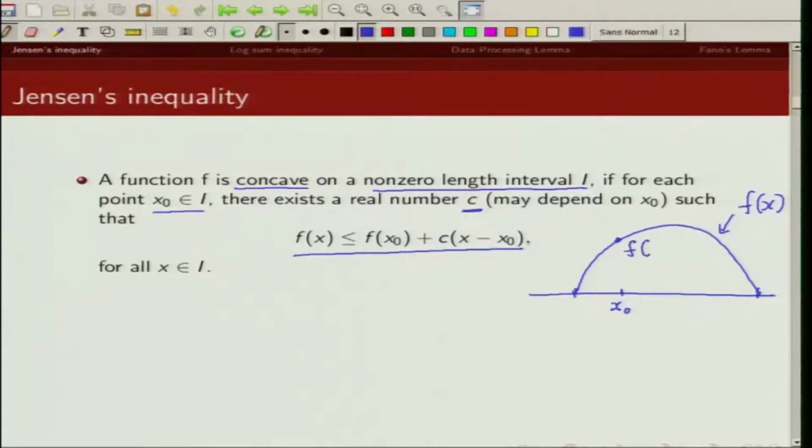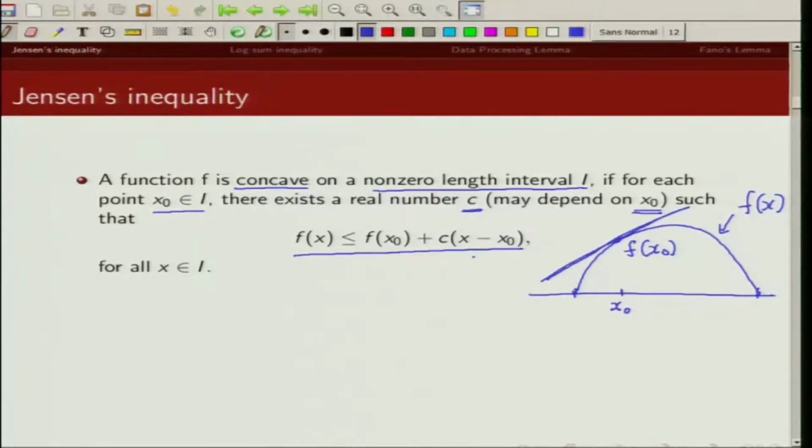There exists a real number c, of course the value of c will depend on x0, such that the function f of x is below f of x0 plus c times x minus x0. What is c times x minus x0? It is a line passing through x0 and through this point.